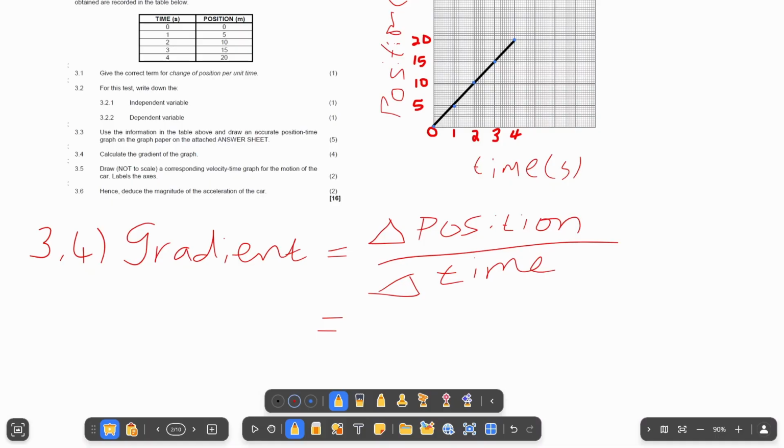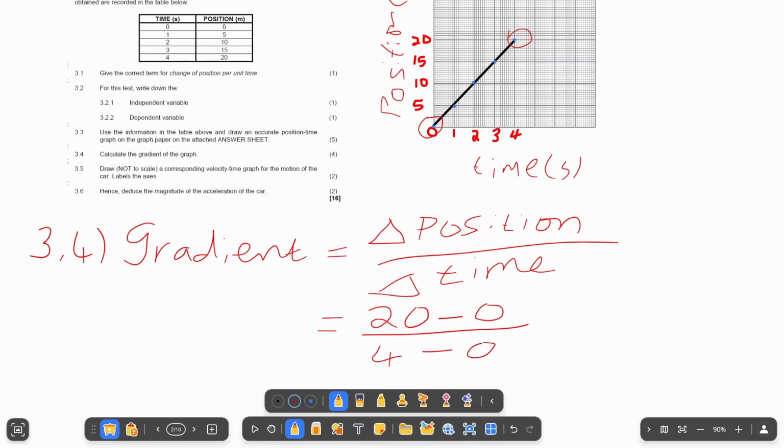So I'm going to say 20 minus 0. I'm choosing this point here and this point here. So I'm going to divide. Here it is 20 for position, and then the time must be 4, so I'm going to make 4. If the position is 0, the time is also 0.